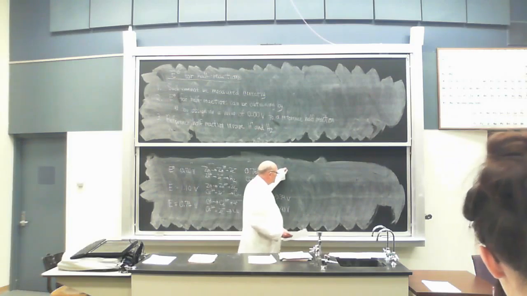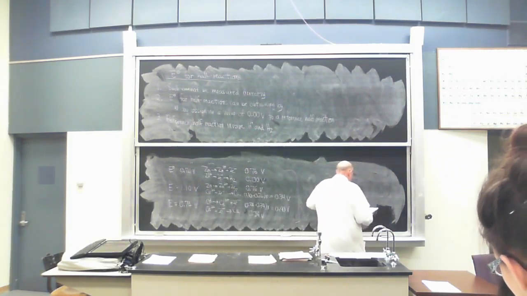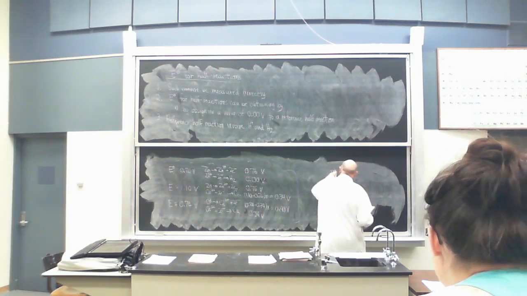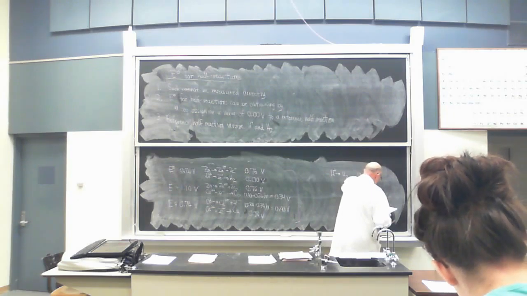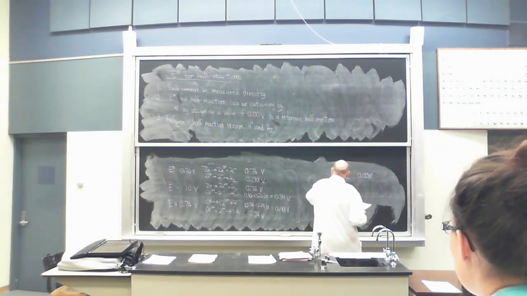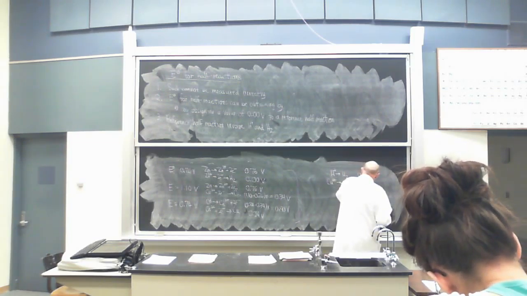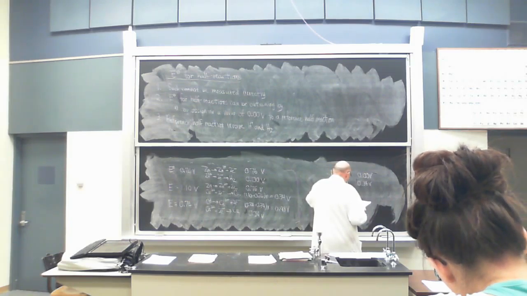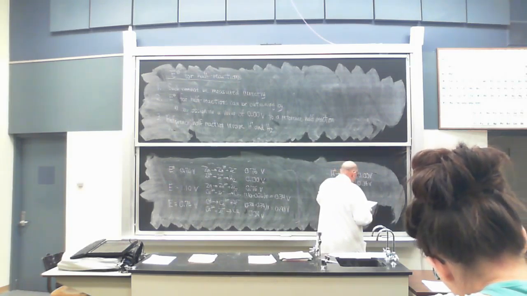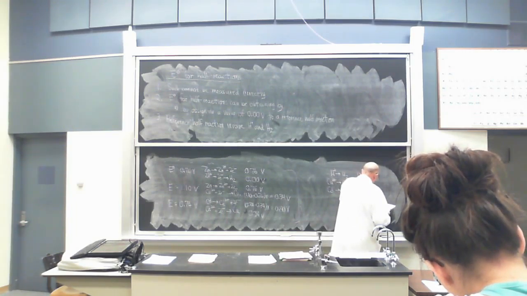So out of this, I develop a listing. I've got hydrogen ion going to hydrogen, that's 0.00. I've got copper going to copper ion, that's 0.34. Cadmium going to cadmium ion, 0.40.